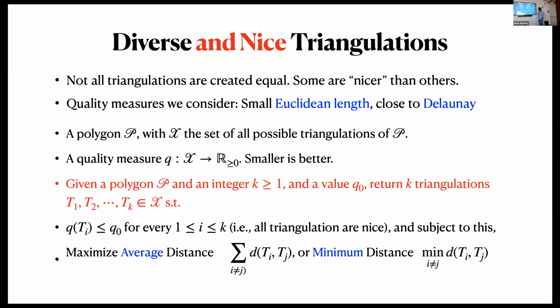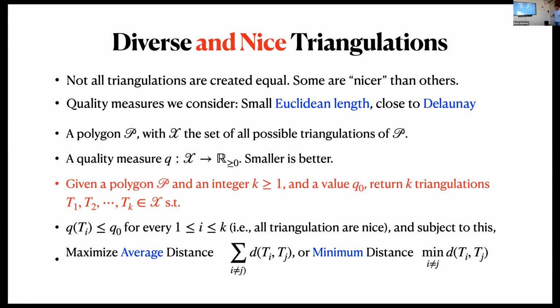And now as the input to the problem, I specify the polygon, how many triangulations I want, and also how good the triangulations should be. The goal is to return k triangulations such that each of them is good. So this number Q0 is the quality threshold. Every triangulation must be good, what I'm calling nice. And subject to that, I want to maximize the diversity, the total distance or the minimum distance between triangulations.